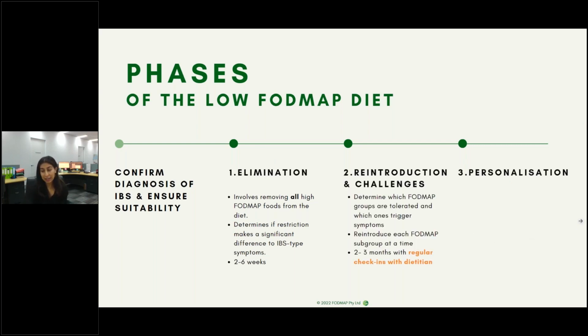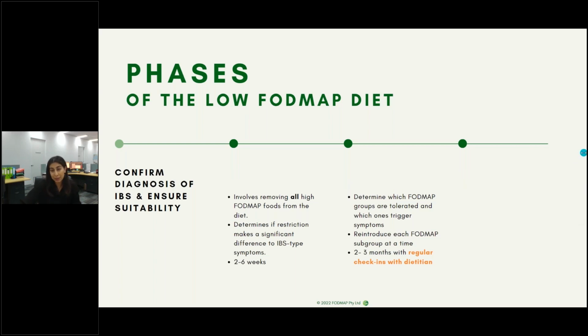This is where you would determine exactly which FODMAP groups are triggering the individual's symptoms. You want to reintroduce each FODMAP group one at a time to be able to figure it out this way. This can take about 2 to 3 months as well, where we're reintroducing one group at a time. So it's important to regularly check in with your dietitian again to make sure there are no nutritional deficiencies as well.